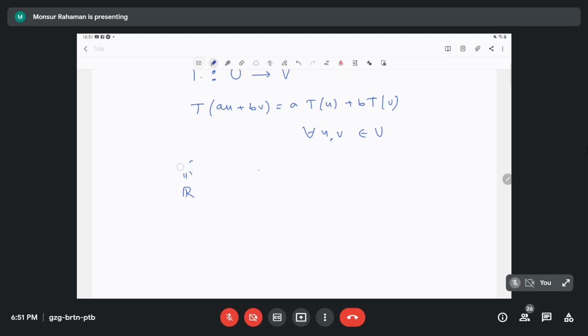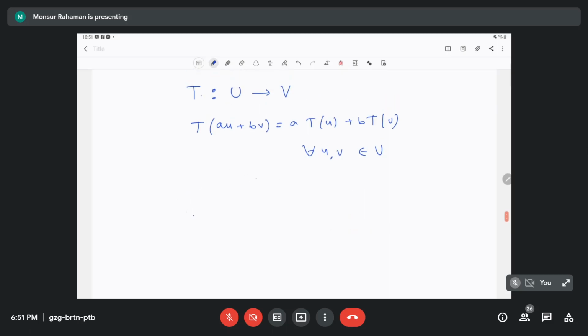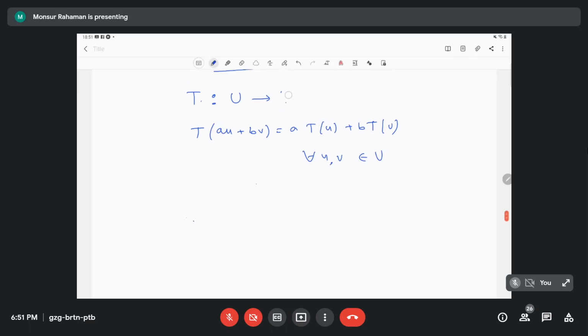So R is a vector space. So the definition of a linear functional here: if this is a vector space with respect to R, so we use R, then this will be a linear functional. Simple definition. Linear transformation is already defined.